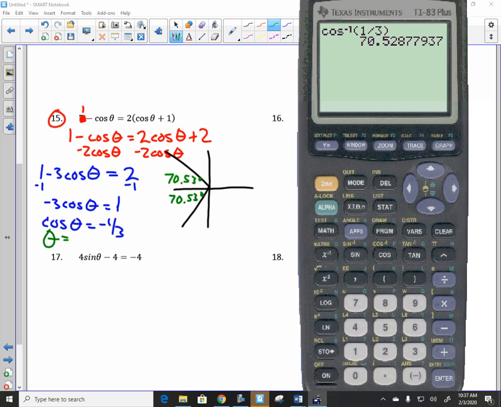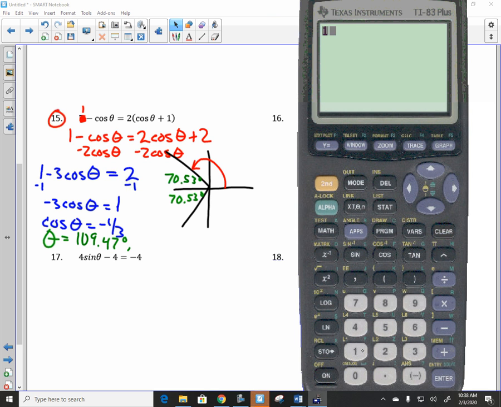So theta is equal to, this angle right here is 70.53 back of 180. So 180 minus 70.53. And I get 109.47 degrees.